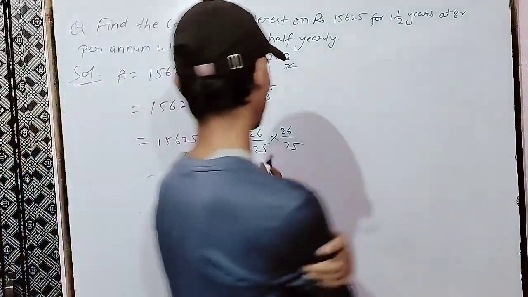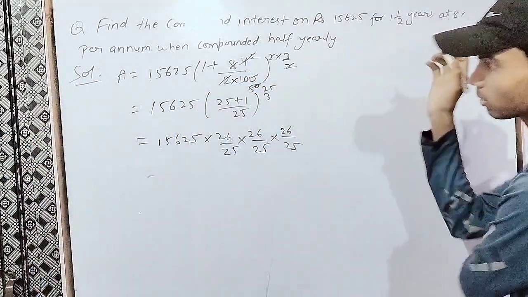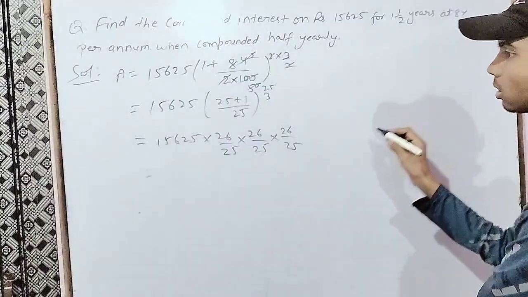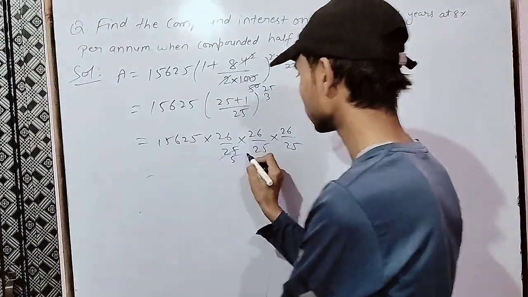Now from here we can cancel whatever is cutting each other. 5 fives are 25.